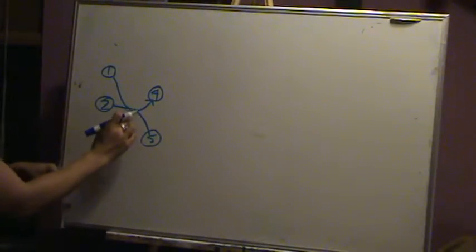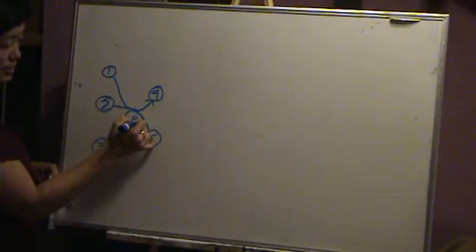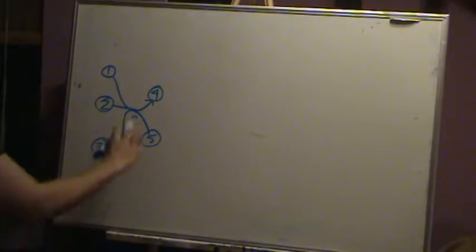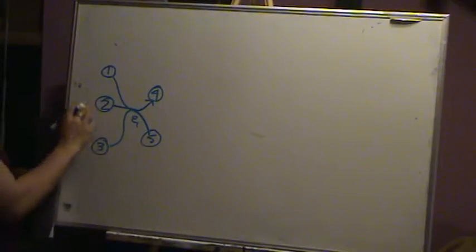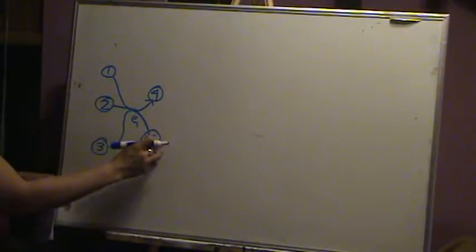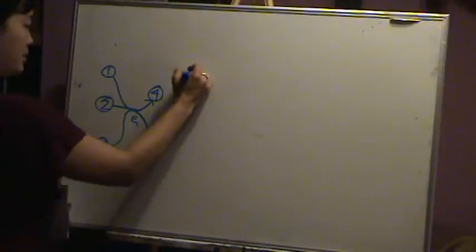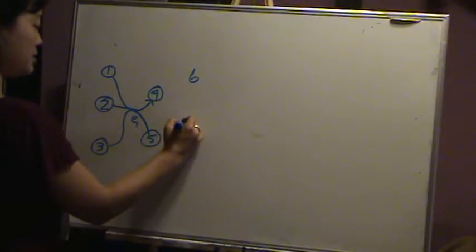So this is actually only one edge. We'll call this E1. So E1 has as its tail 1, 2, and 3, and it has as its head 4 and 5. So let's continue with this.